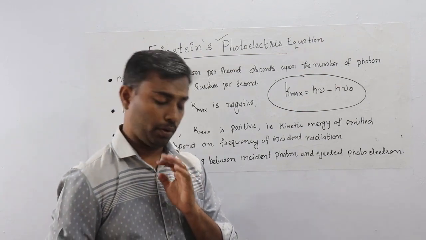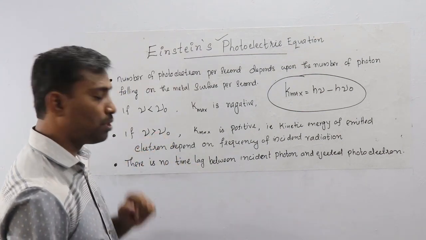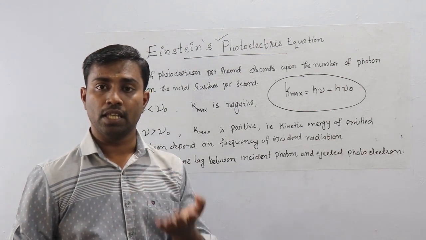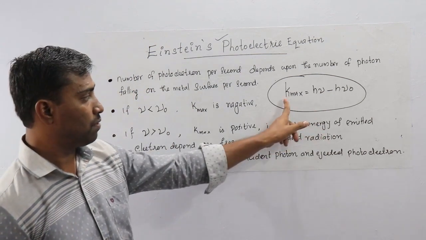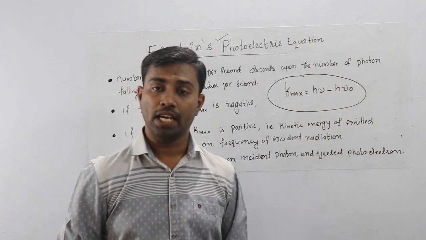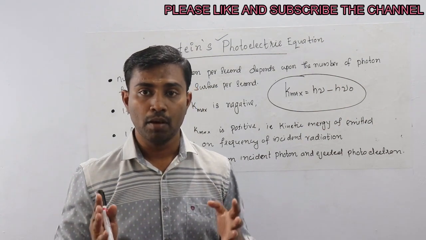And the third point: if nu is greater than nu 0, the frequency of incident radiation is greater than the threshold frequency, then according to the equation K max will be positive. The kinetic energy will be positive.